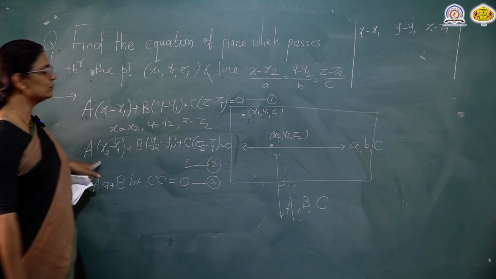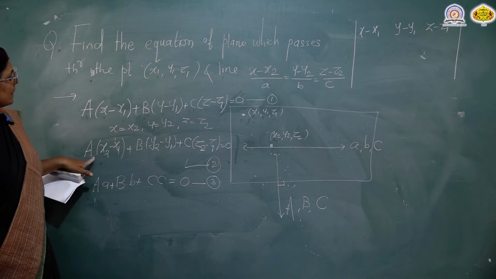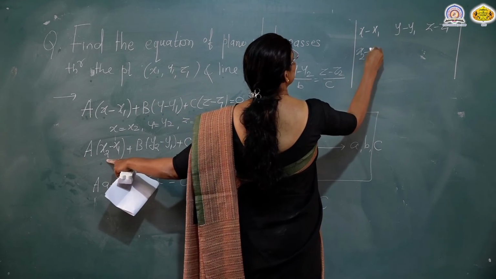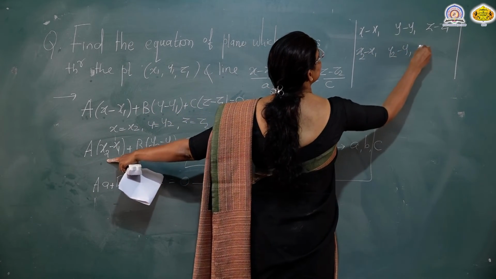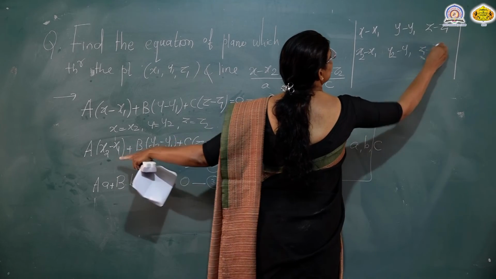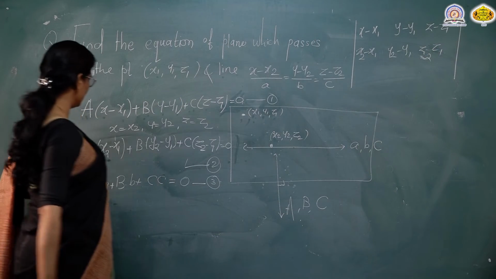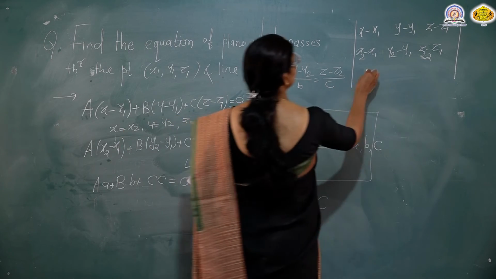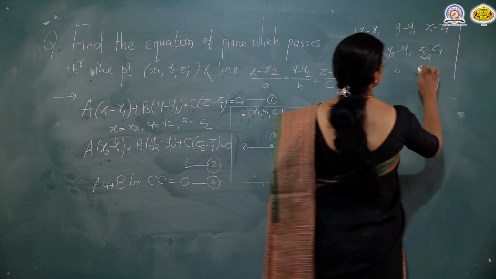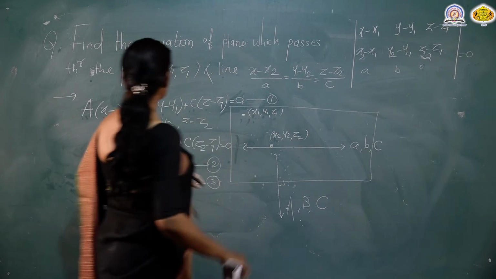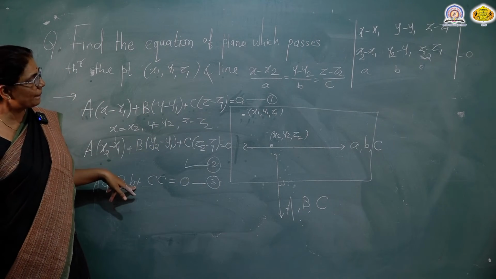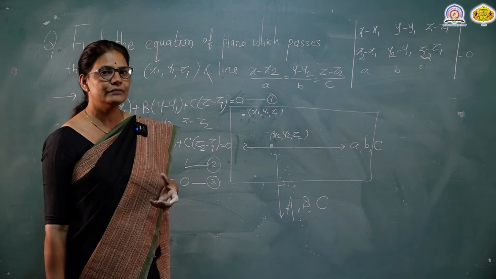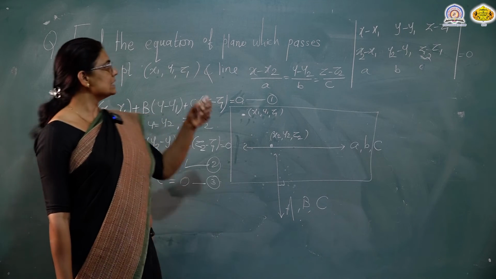Now from equation 2, do the same thing, write the coefficients of A, B, C as the second row elements. So we get x2 minus x1, y2 minus y1, z2 minus z1. And last, from equation 3, the coefficients of capital A, B, C are small a, b and c. And since we have to eliminate these three constants A, B, C from these three equations, we have this determinant equals 0.